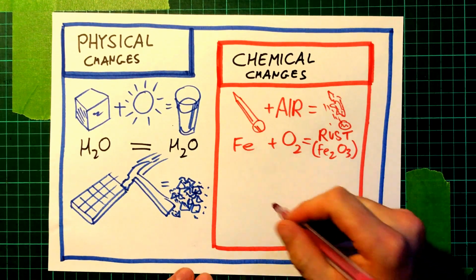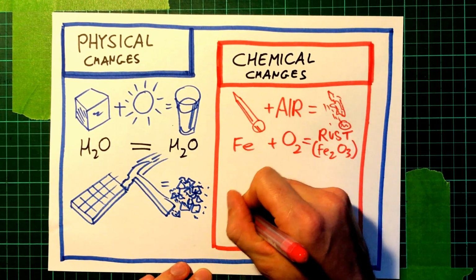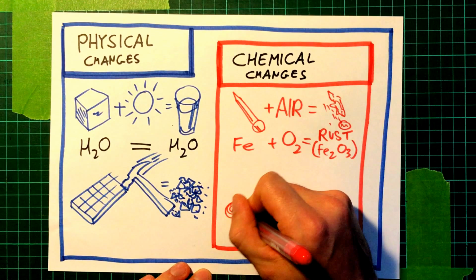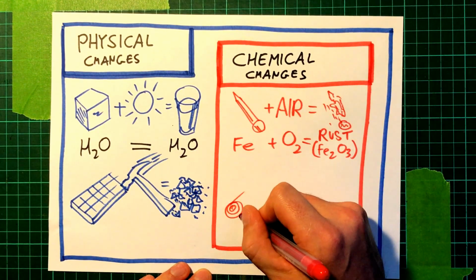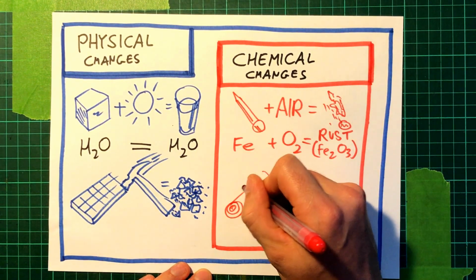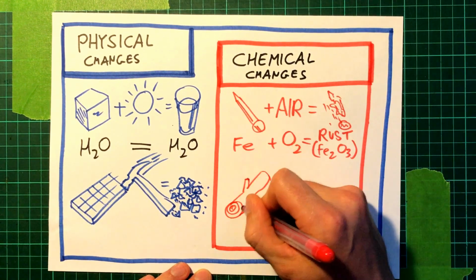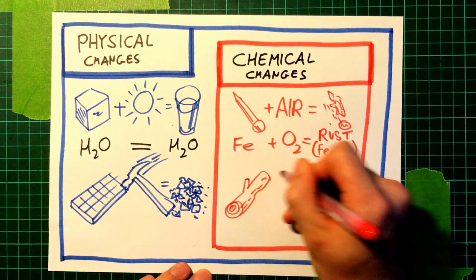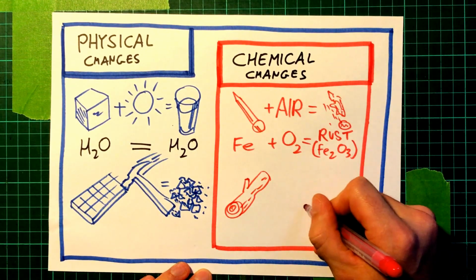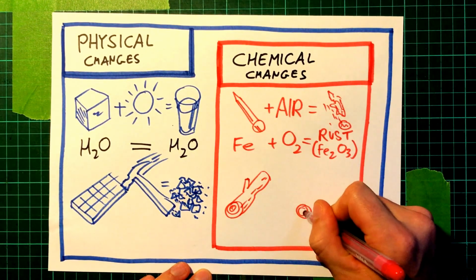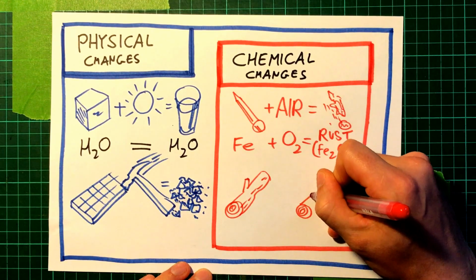So another classic example is if you took a log of nicely seasoned timber, which might have been kiln dried, or it might be air dried, but there's not much moisture in it, so it burns nicely, and you set that log on fire.